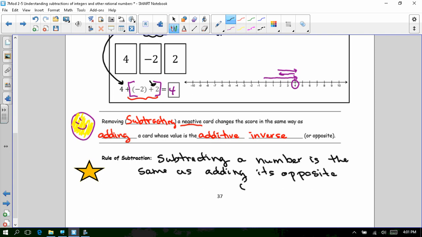Or you could say additive inverse. Okay? Subtracting a number is the same as adding its opposite.